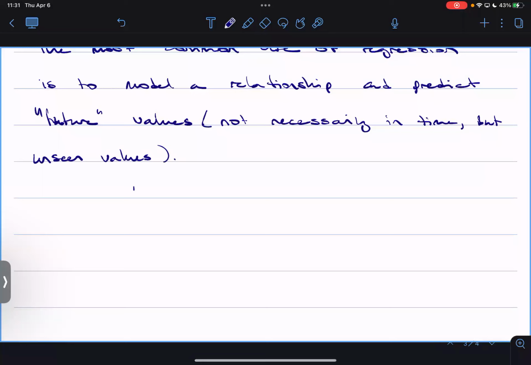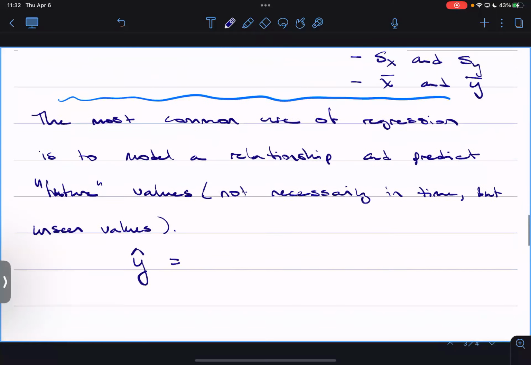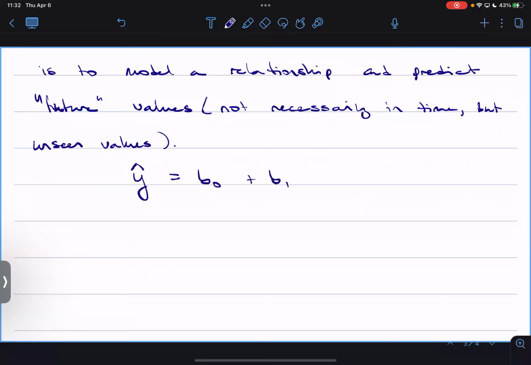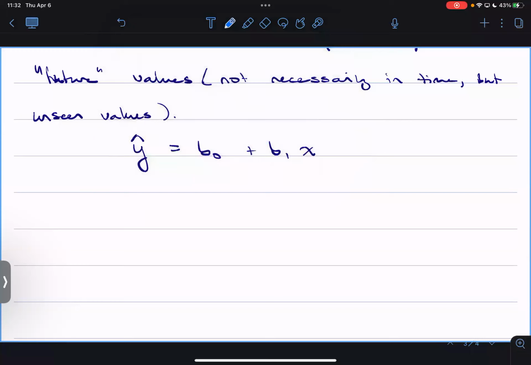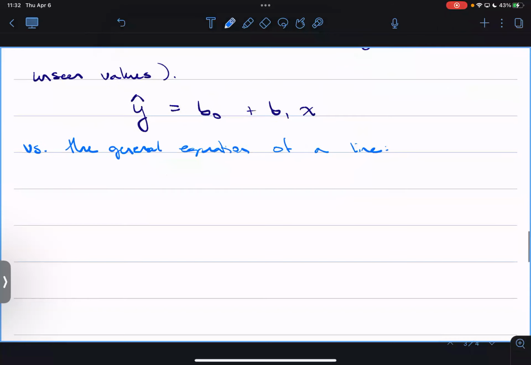So what we're going to have from our formula sheet is y hat is equal to b naught plus b1x. The general equation of a line we're usually told is y equals mx plus b, or if you prefer to match what we have here, b plus mx, doesn't matter.